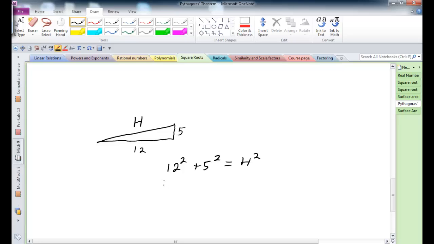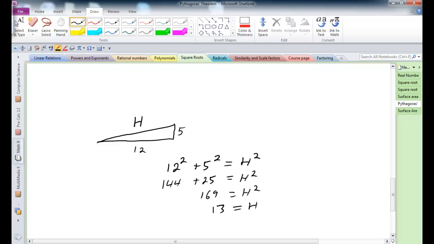So I get 144 plus 25 equals the hypotenuse squared. And so I get 169 equals the hypotenuse squared. And so I hope you recognize that the square root of 169 is 13. 13 equals the hypotenuse.